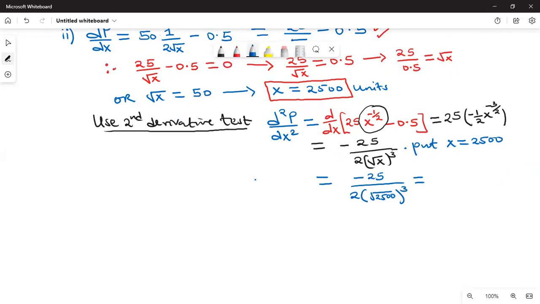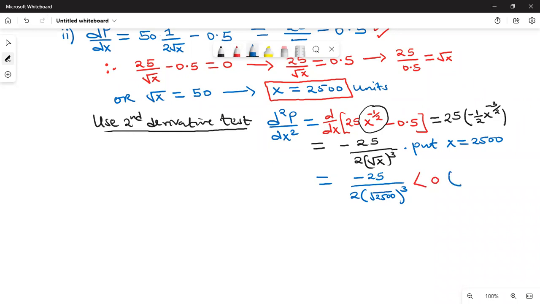It is clear that this answer will be a number that is negative, and so a negative number is less than 0. We are just interested in the sign. Is it greater? No, this is not greater, this is less. So less than 0. Because it's less than 0, what does it mean? It simply means that the value of x that you got will give you the maximum profit.